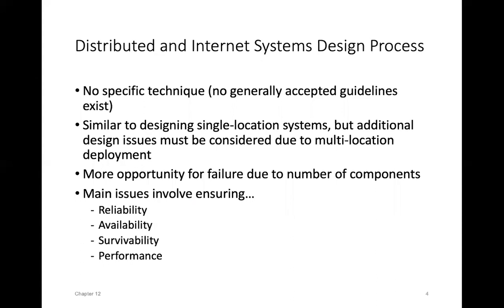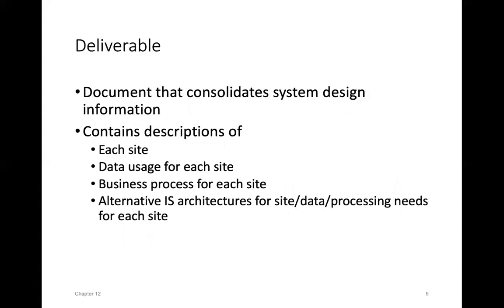If things do go wrong, you can see the list down there at the bottom of what we are going to be concerned about: reliability, availability, survivability, and performance. As a result of going through this design process, our output is going to be a document that consolidates all of our system design information. For each site in our environment, because remember, it's not just a single location, it's multi-location, that's what distributed means, we're going to have descriptions for each site.